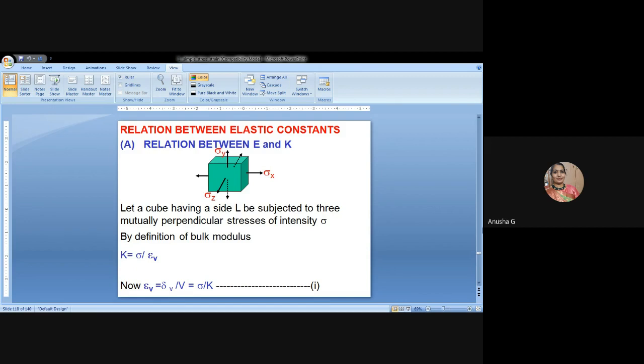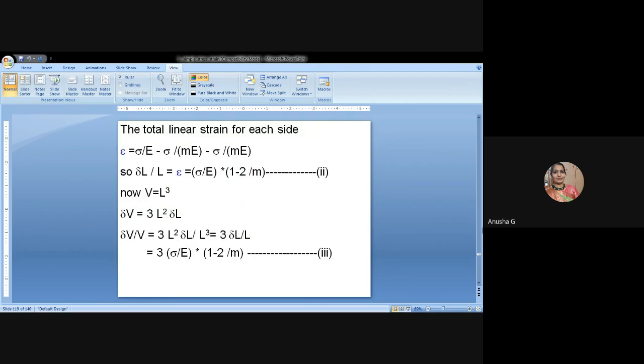This volumetric strain is the change in volume by original volume, which equals stress by K. Then the total linear strain for each side has to be checked. The strain for each side is e equals sigma by E minus sigma by mE minus sigma by mE.